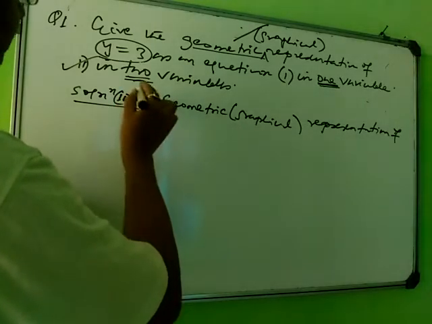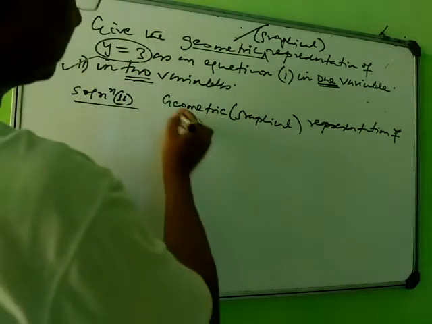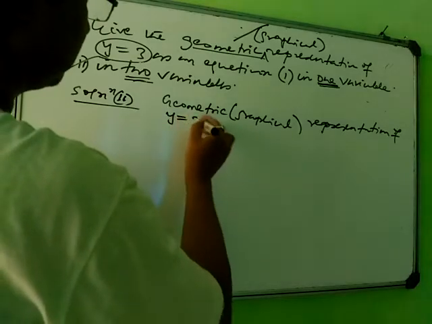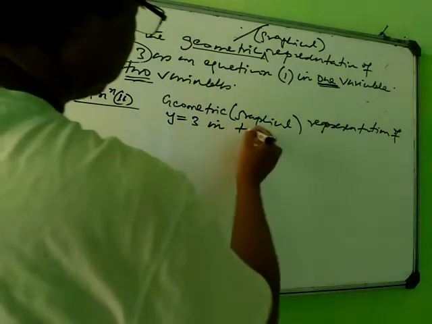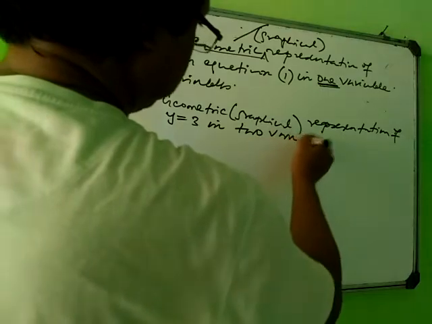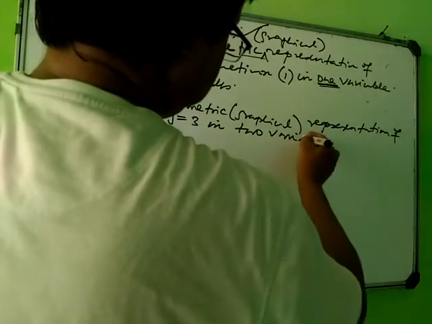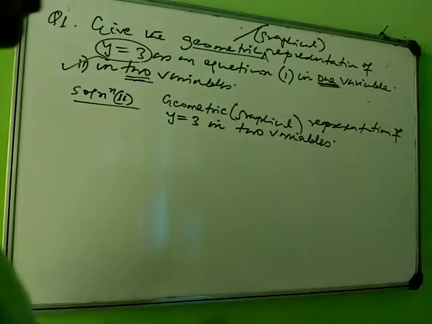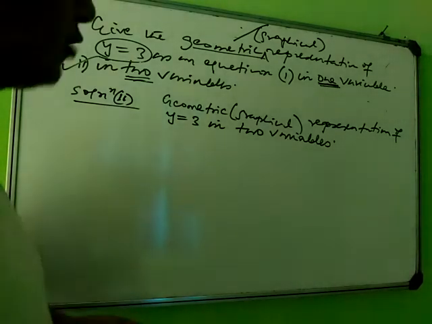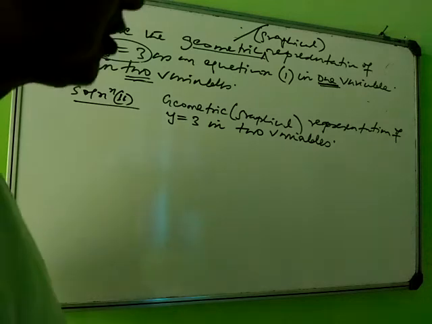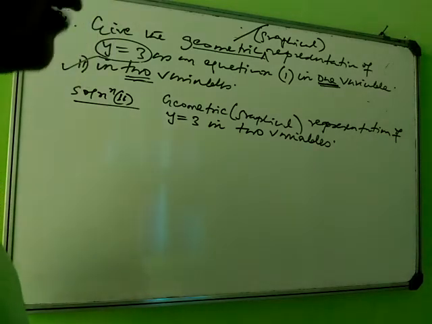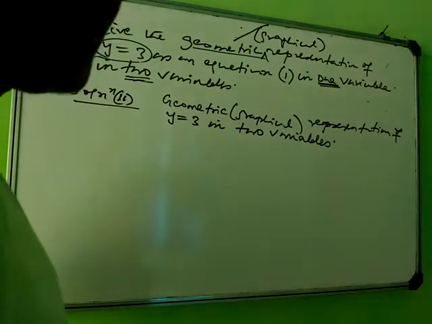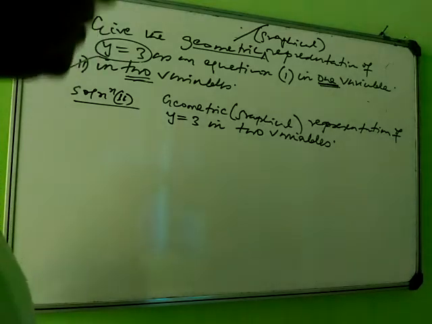Now it is number 2, two variables. Here you are going to write the equation in the standard form, ax plus by plus c equals 0.